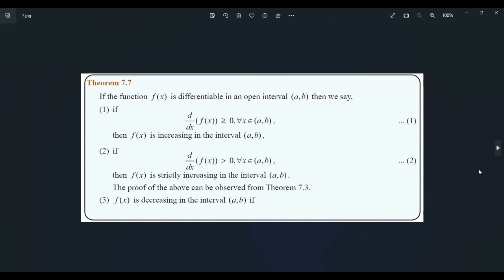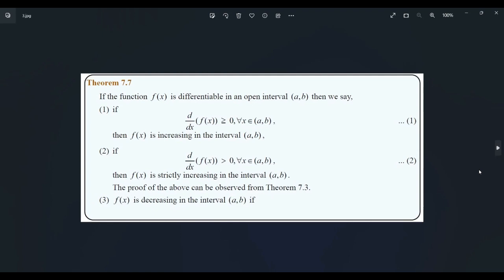Now, this is a theorem that helps us find the decreasing and increasing nature of the functions. If a function f of x is differentiable in an open interval a comma b, then if d by dx of f of x is greater than or equal to 0 for all x in a comma b, then f of x is increasing in the interval a comma b.